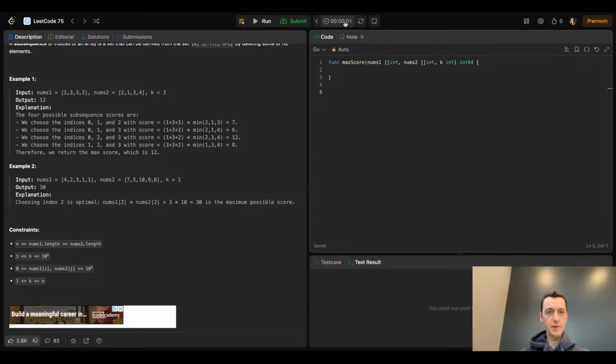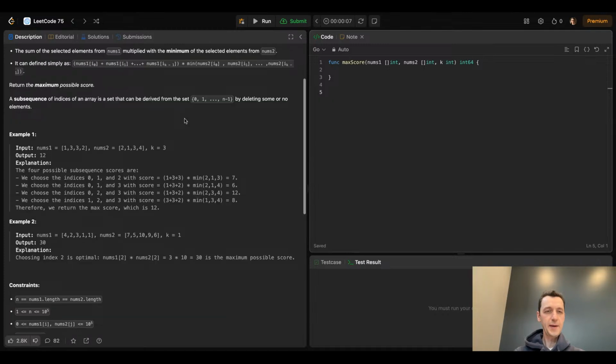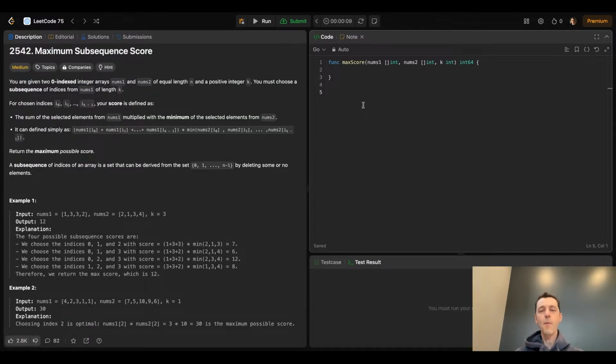Let me restart the clock. So we have some kind of indices, some 1, 3, 5, 6, whatever, 8. And those numbers in nums1, we need to sum up.